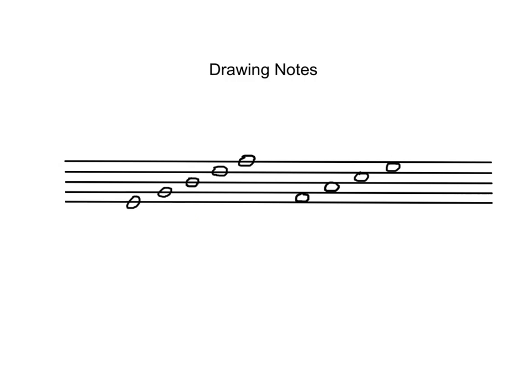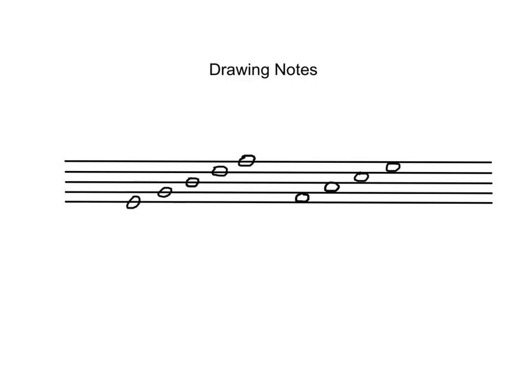There we go. So now we have a note on line 1, line 2, line 3, line 4, and line 5, and we have a note on space 1, space 2, space 3, and space 4.